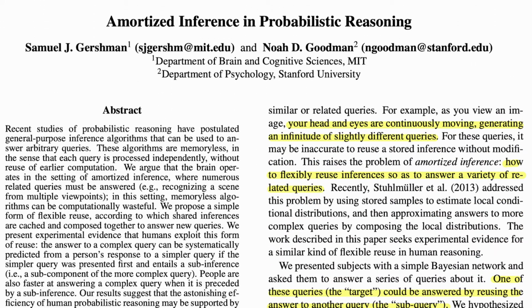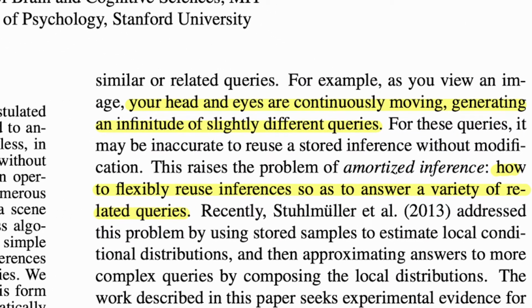To demystify that magic, I introduce you to a paper titled Amortized Inference in Probabilistic Reasoning by Samuel Gershman and Noah Goodman. Their take on what we experienced with the image earlier is that to find an interesting object in that image, our brain performed quite many computations.